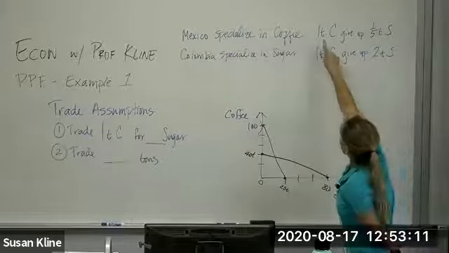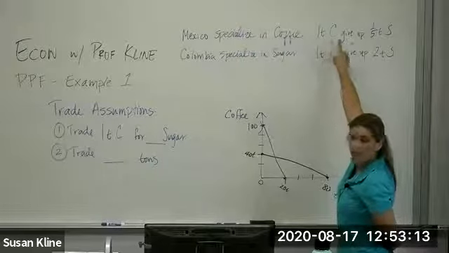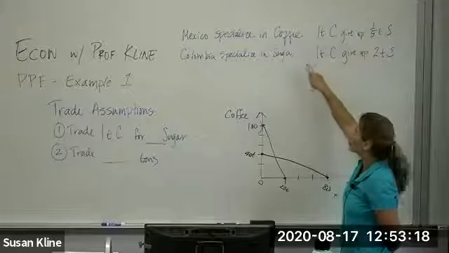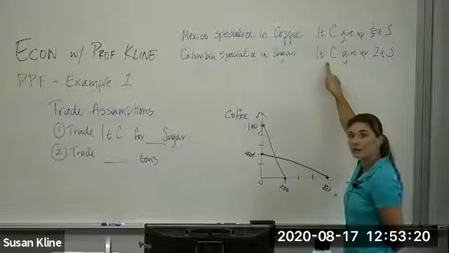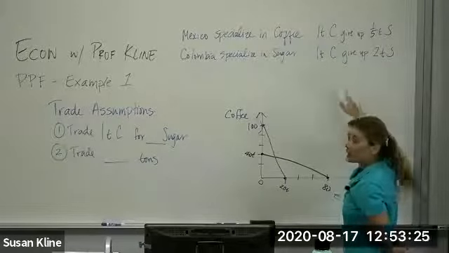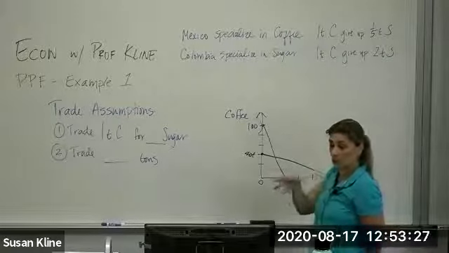So Mexico, 1 ton of coffee, they give up 0.2 or 1/5 of a ton of sugar. Colombia, when they give up a ton of coffee, their opportunity cost is 2 tons of sugar. So there's a lot of space here, any number between 0.2 and 2.